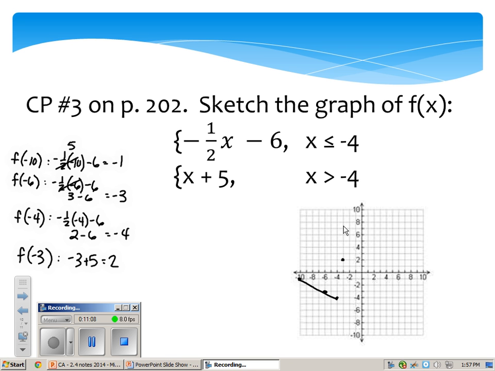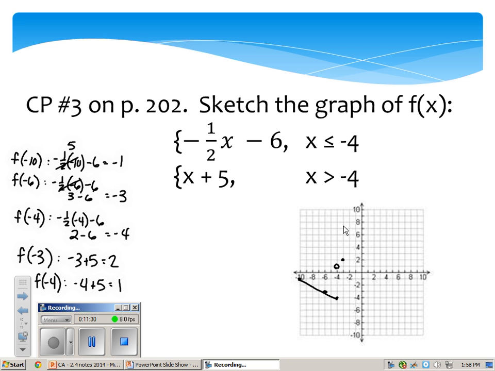If we were going to put -4 into that function, we would be at 1. So I'm going to put an open dot at -4, 1, because there will be points just to the right of there, but it just won't include -4 itself.